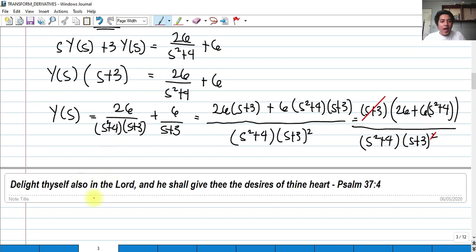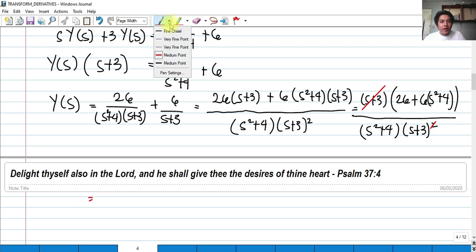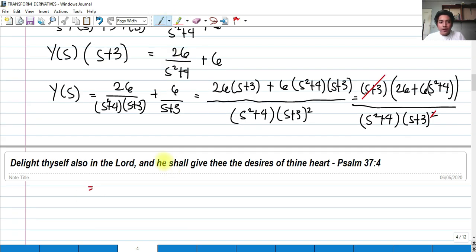With the denominator, we call this simplified. So we have 26 plus 6 times s squared plus 24 all over s squared plus 4 times s plus 3.